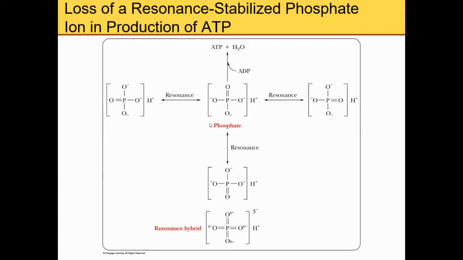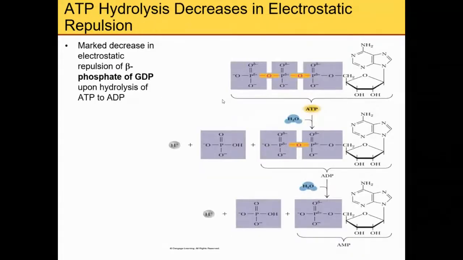So when the ADP is phosphorylated to the ATP, there's a loss of the resonance stabilized phosphate ion. That would result in the decrease in entropy, all right? So that's the production of ATP.